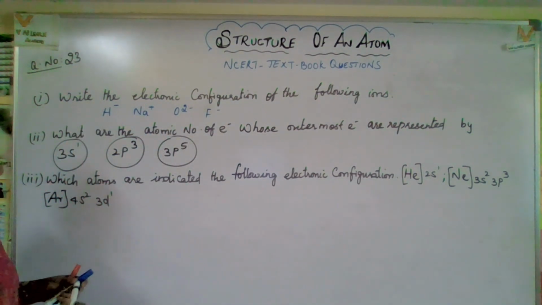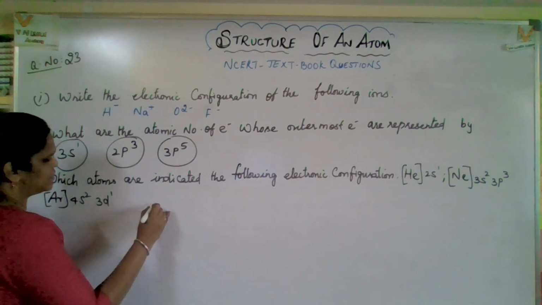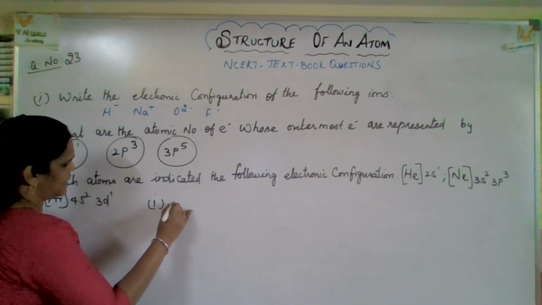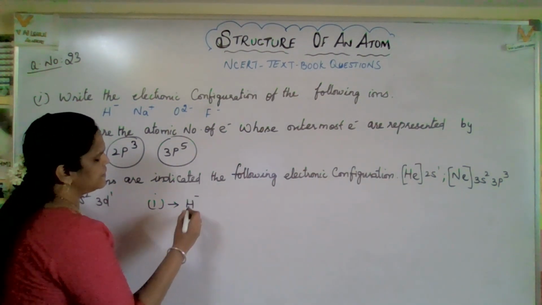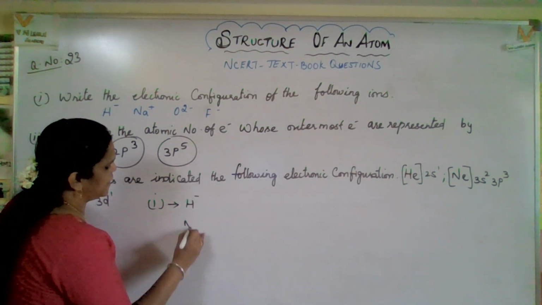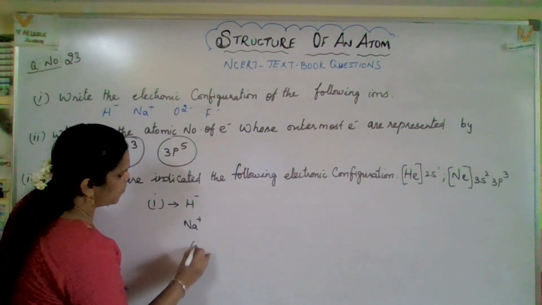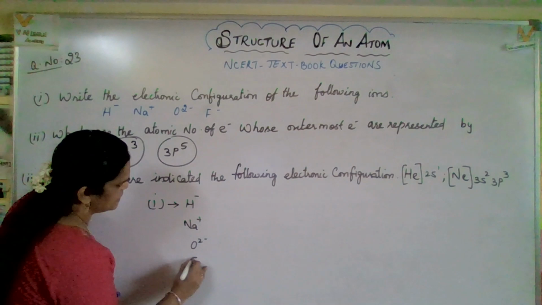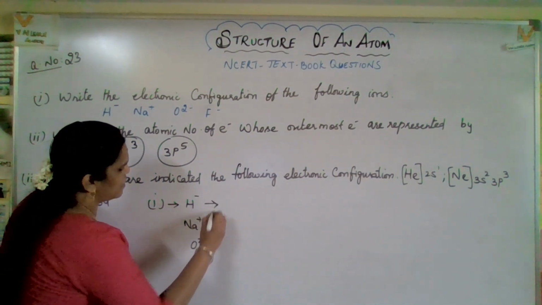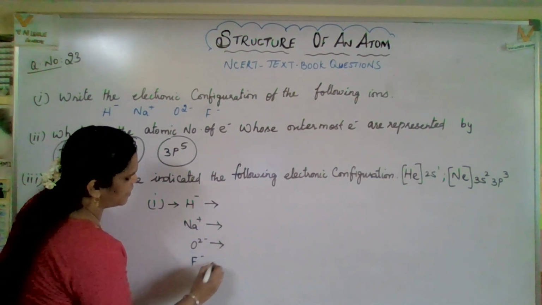Now this is the first question: H minus, and the second one, Na plus, O2 minus and F minus. Now you have to write the electronic configuration.